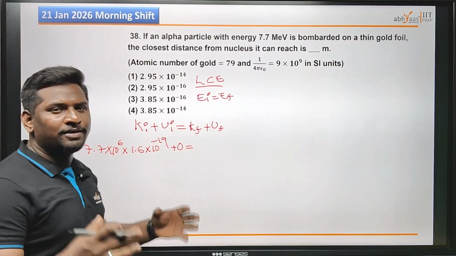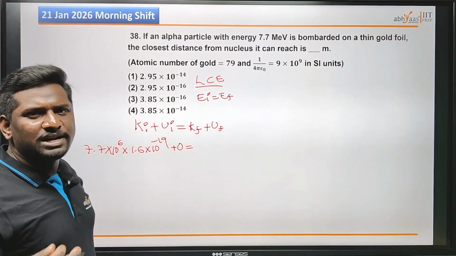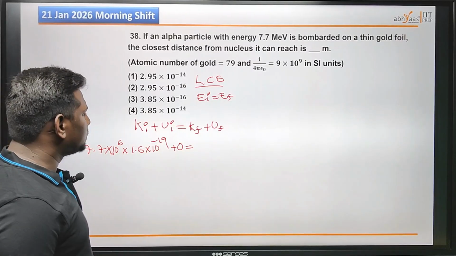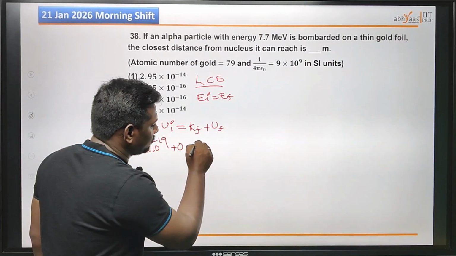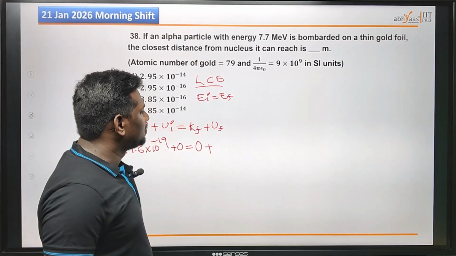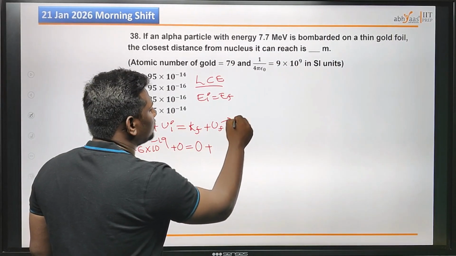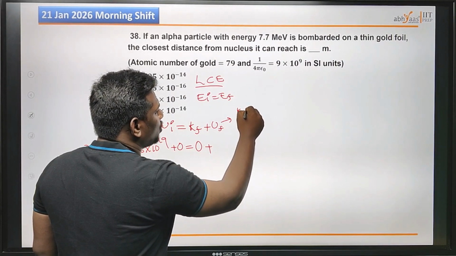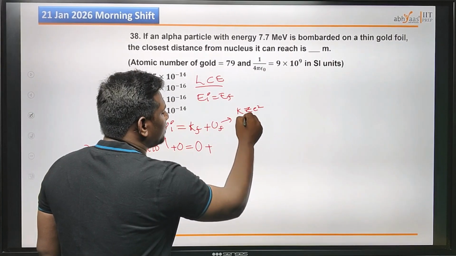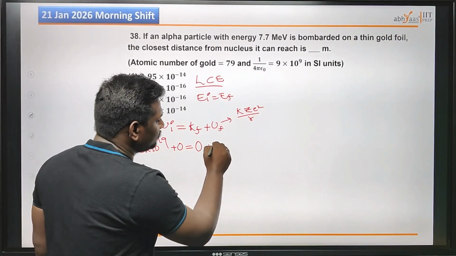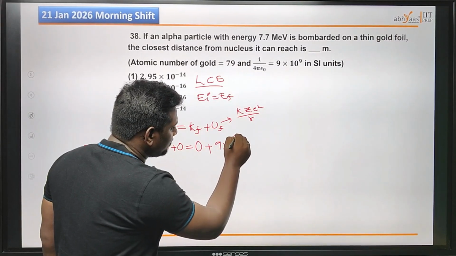Final kinetic energy after bombarding is 0. Velocity is 0, then kinetic energy is also 0. So 0 plus, what is the final potential energy? K Z e square by R. What is K? 9 into 10 to the power 9.